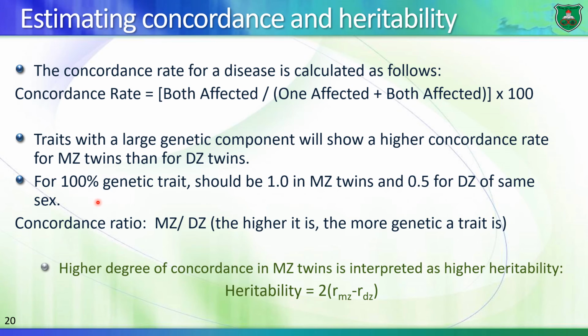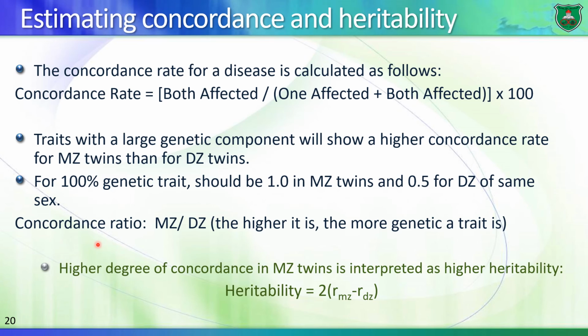Now, if a trait is 100% determined by genetics, then it should be closer to 100% in monozygotic twins and 0.5 in dizygotic twins of the same sex again.